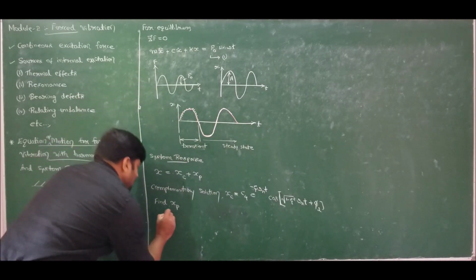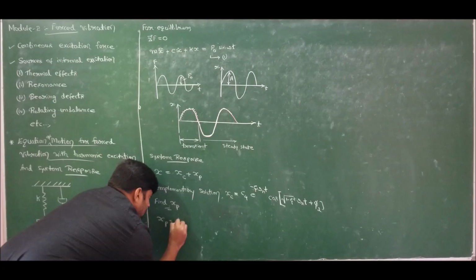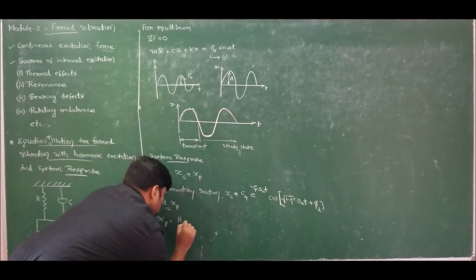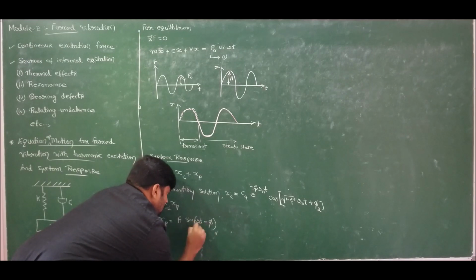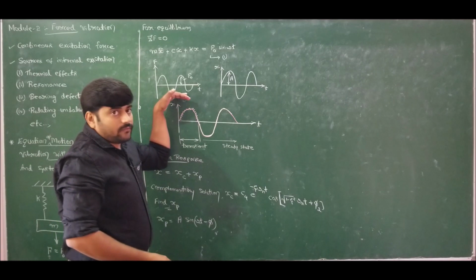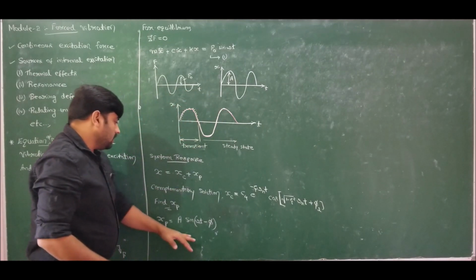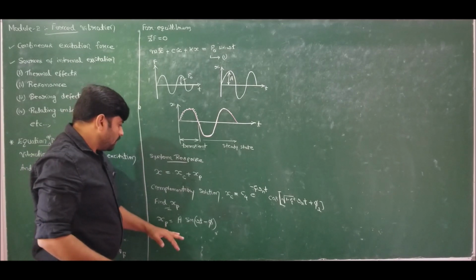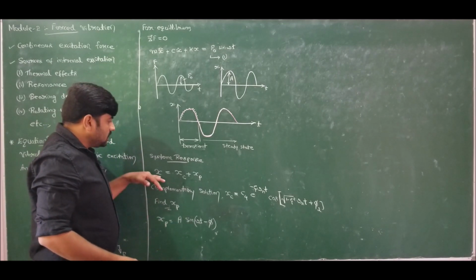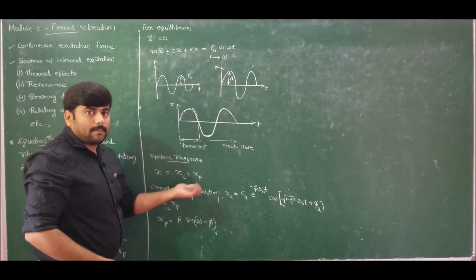Hence, the particular solution can be assumed in the form of the amplitude A into sin of omega t minus phi, where phi is the phase difference between the harmonic force applied and the displacement x. Now I should solve this and find the particular solution. The total system response, the total solution, is the sum of the complementary part plus the particular part.